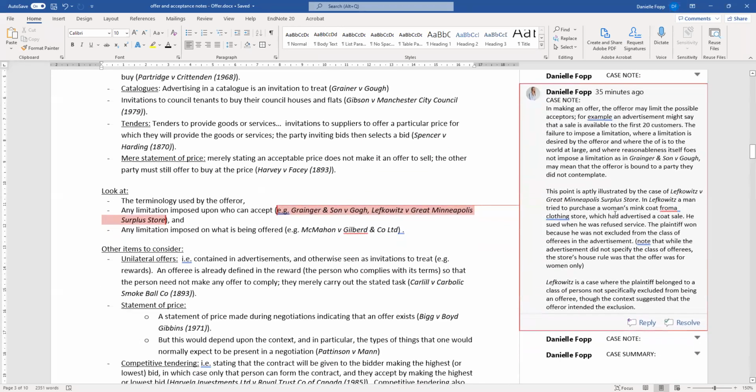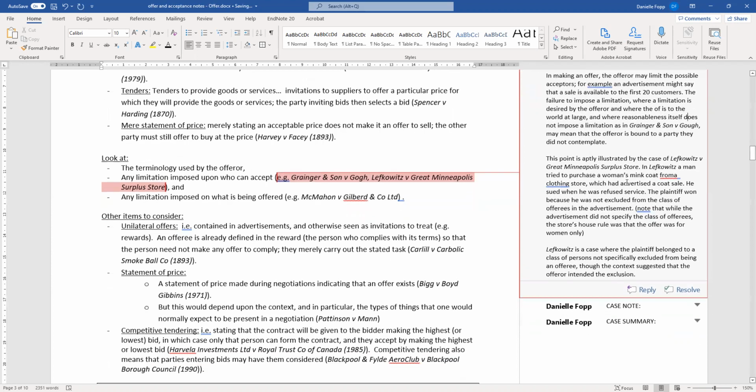So I've got, in making an offer, the offeror may limit the possible acceptors. For example, an advertisement might say that a sale is available to the first 20 customers. The failure to impose a limitation, where a limitation is desired by the offeror and where the offer, excuse the spelling error, is to the world at large and where reasonableness itself does not impose a limitation, as in Grainger and Son, may mean that the offeror is bound to a party they did not contemplate.